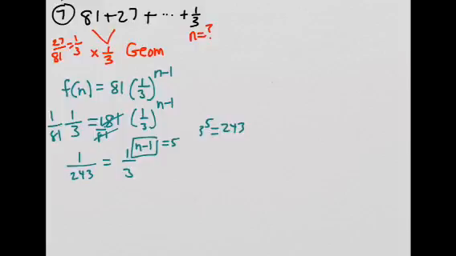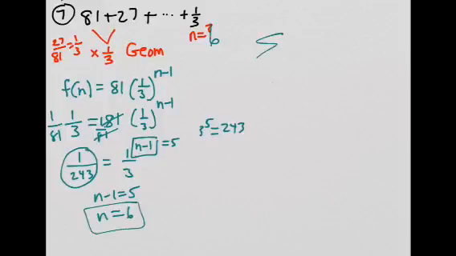Because 1/3 to the 5th power would give me 1 over 243, which is what I have on this side. So n minus 1 is 5, so that means n equals 6. Okay, so this up here is 6. So for sigma notation, you would write n equals 1 to 6, and the formula is 81 times 1/3 to the n minus 1.